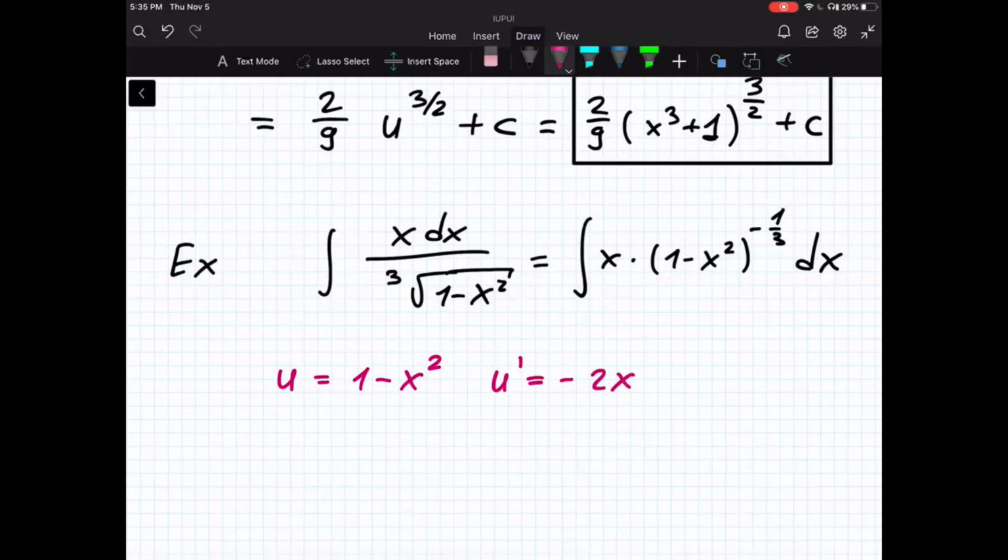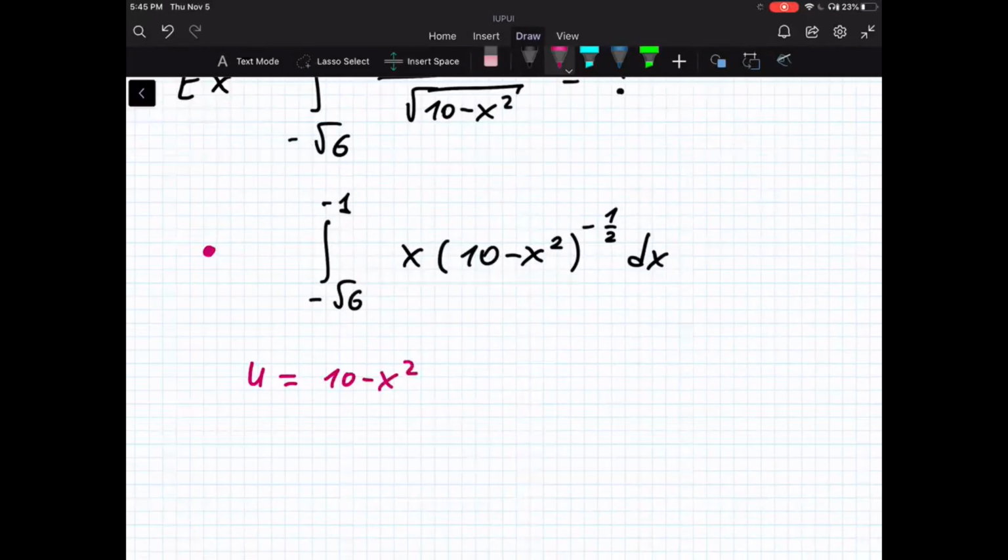I can write my integral as the integral from minus square root of 6 to minus 1 of x times 10 minus x squared to the power minus 1/2 dx. And so the natural choice for u will be 10 minus x squared. Then u prime of x will be minus 2x, and du thus will be minus 2x dx.